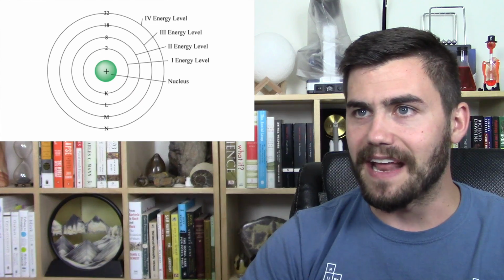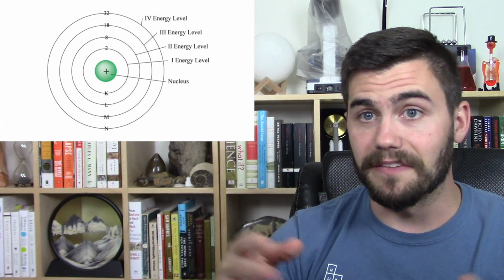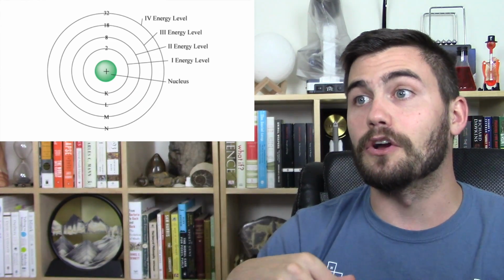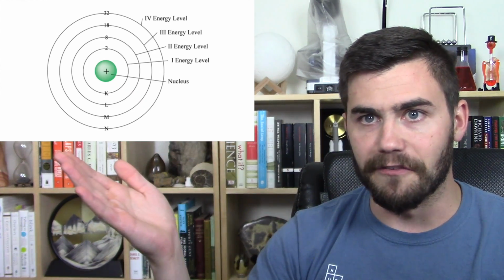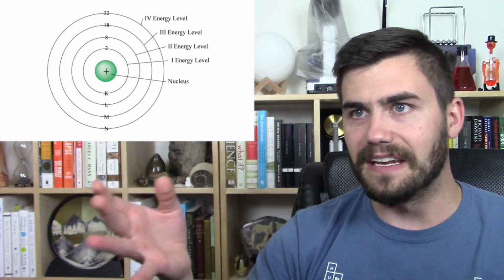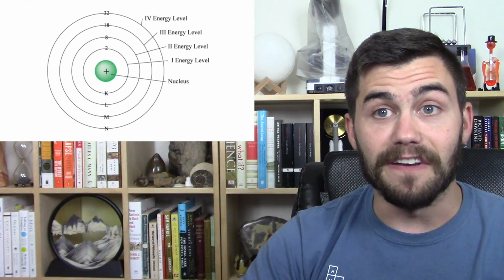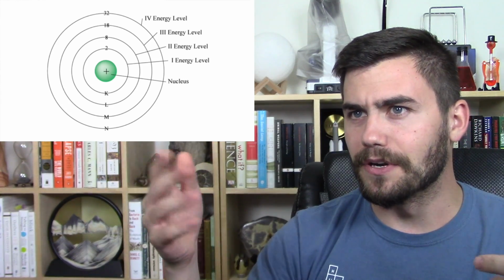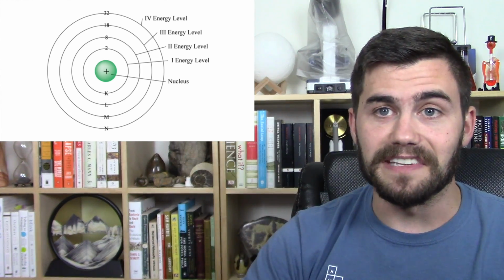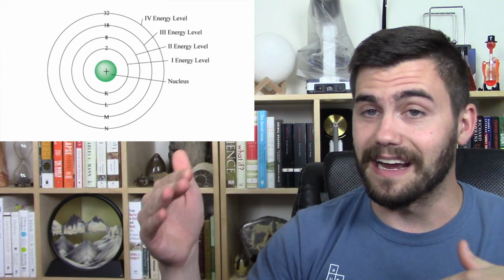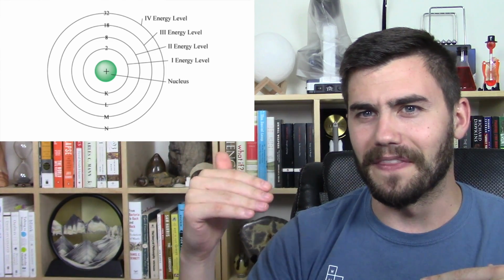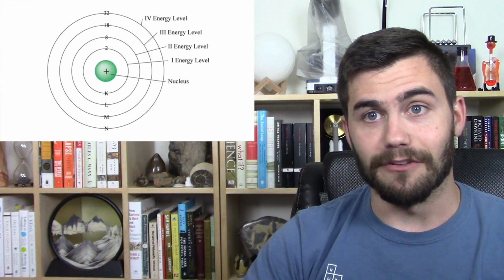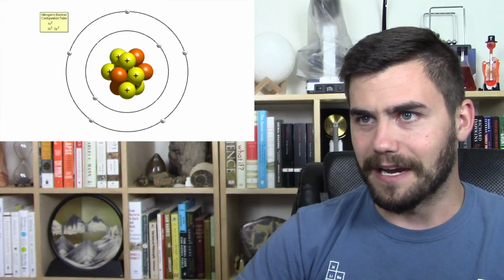Once you get an element that has more than 10 electrons, 11 for example, then that 11th electron has to go to the 3rd energy level because the first 2 are totally filled up, and then an additional 18 can fit in there. So for the element with the atomic number 29, 18 plus 10 is 28. So once you get to the 29th element, which off the top of my head I don't know what that is, its electron has to go to that 4th energy level because the first 3 are all occupied.